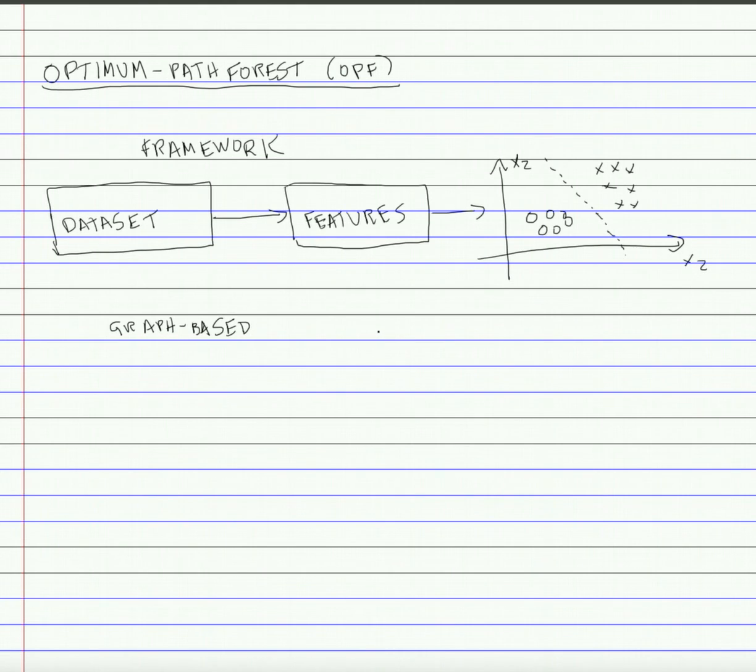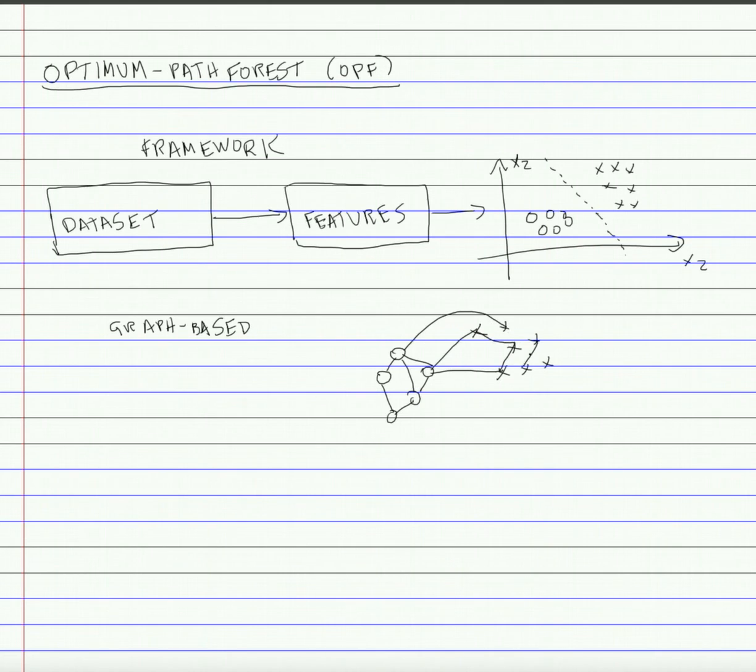But basically, each sample of my feature space is gonna be represented by a graph node, right? And basically, by definition, a graph is composed of nodes which are connected by using some adjacency relation.